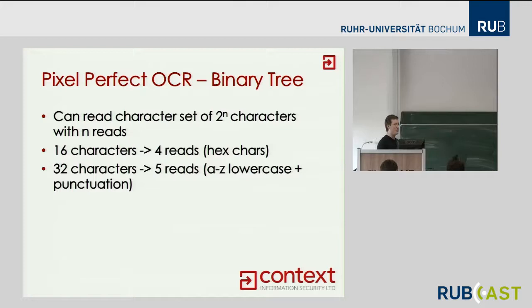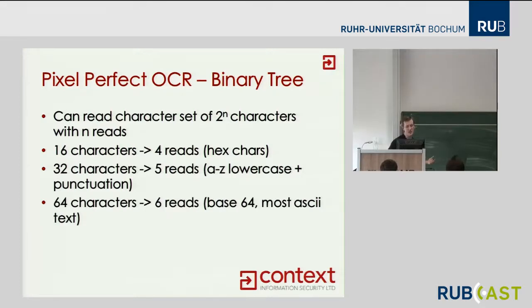So for just A to Z lowercase characters and punctuation, we'd have to read 5 pixels for each character, and 6 pixels would let you read base 64. Before, we had to read like 80 or 100 pixels just to read a single character. Now we can probably do it in just a few.